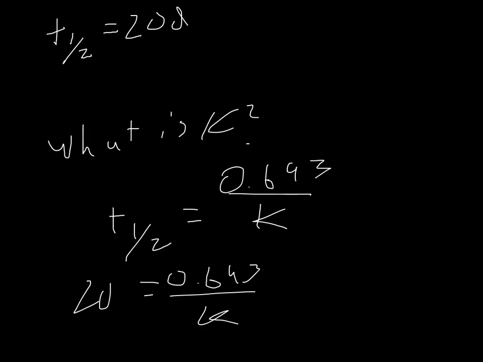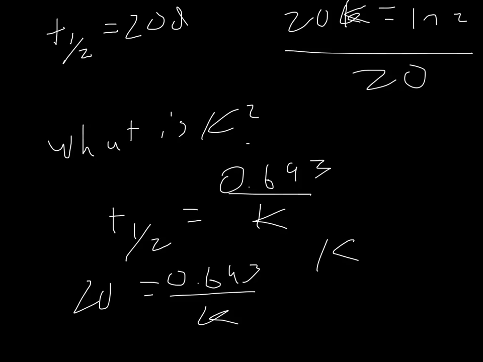It's really just simple algebra. 20k equals 0.693, and then you divide each side by 20, and you get k equals, one second while I calculate, 0.0346, and I'll just stop there. Not too bad, right?